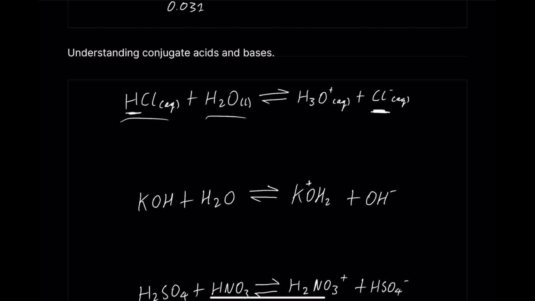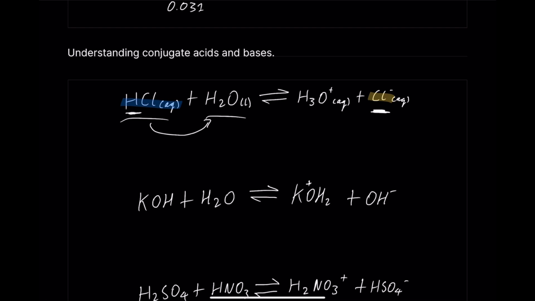That's the base. This is the acid. So for every acid on your reactant side, you form a conjugate base in your product side. And if I was to highlight it, acid, conjugate base, because it's donating the proton to the water here.